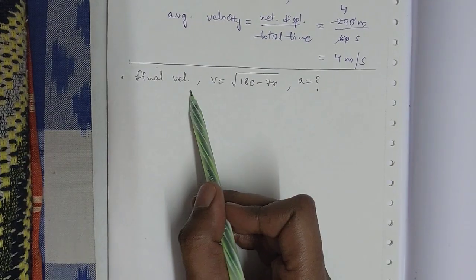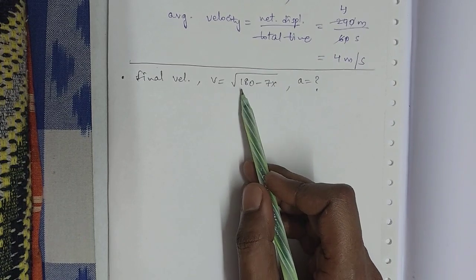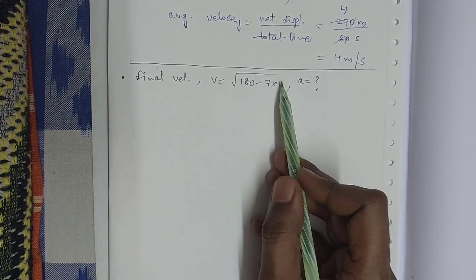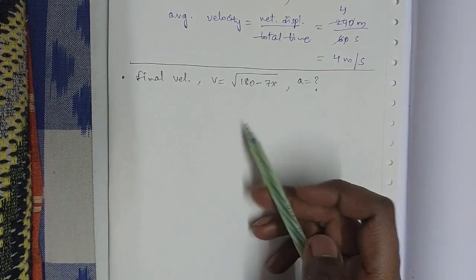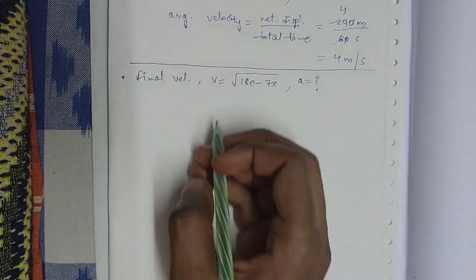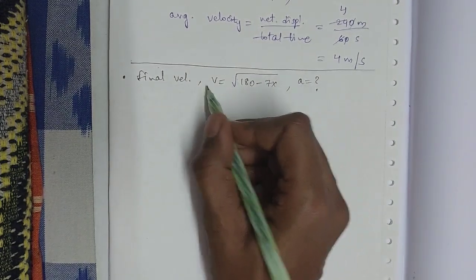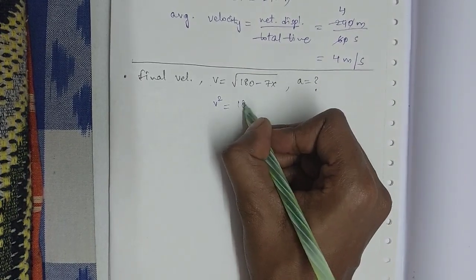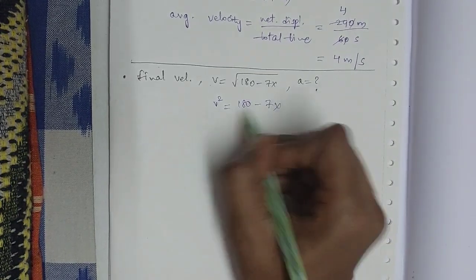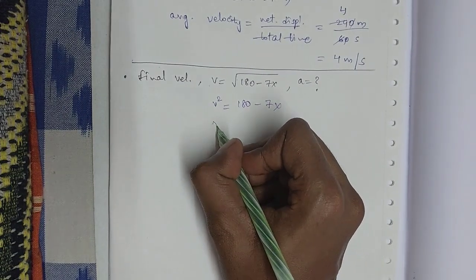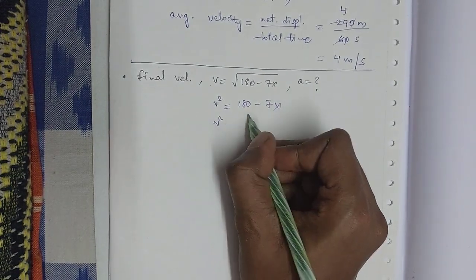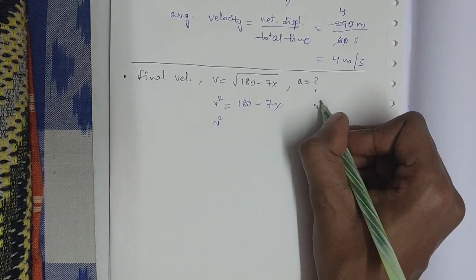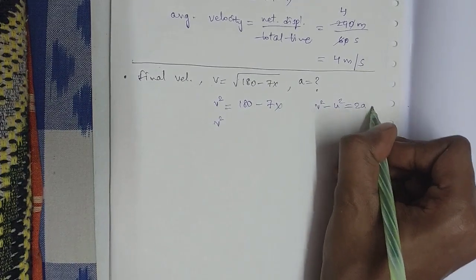If the final velocity is represented by the formula v equals under root 180 minus 7x, acceleration equals what? If we square both sides, it becomes v square equals 180 minus 7x. This resembles the formula v square minus u square equals 2as.